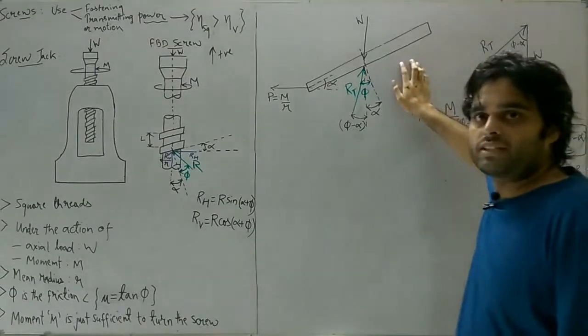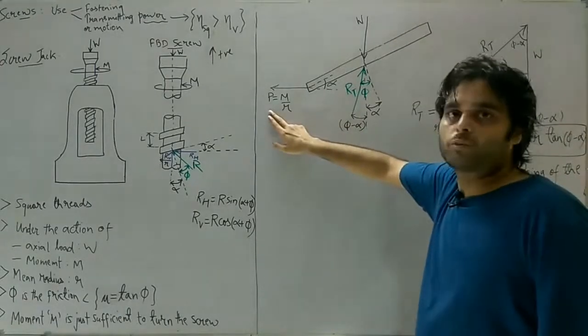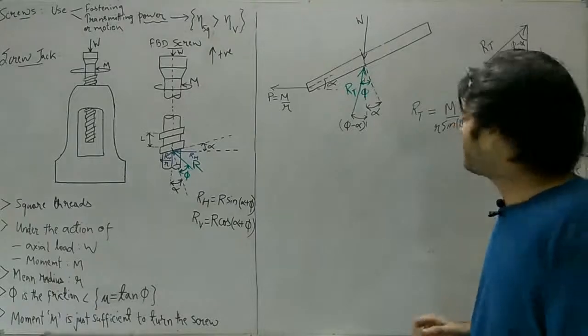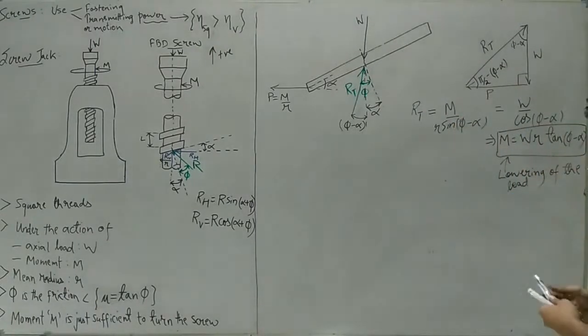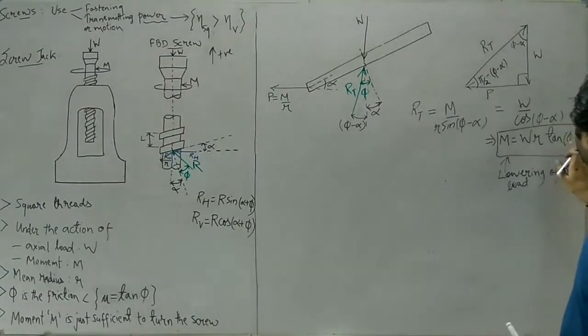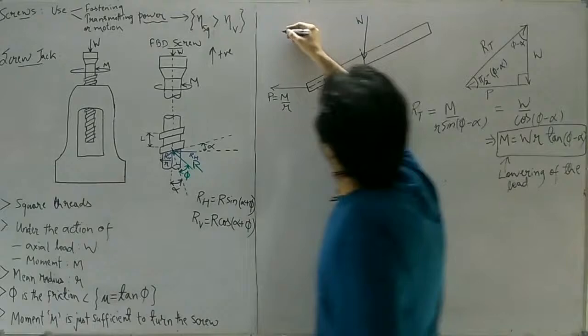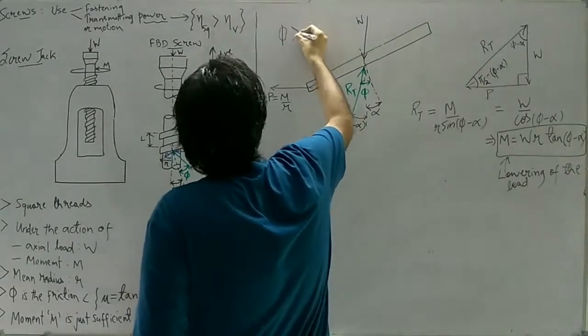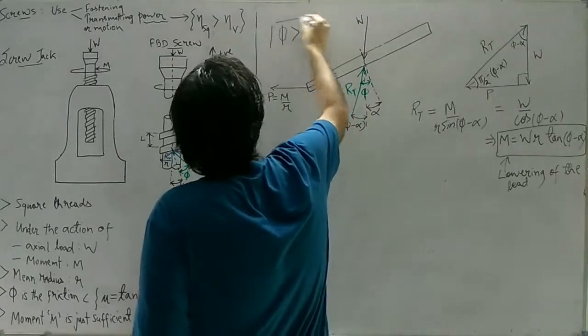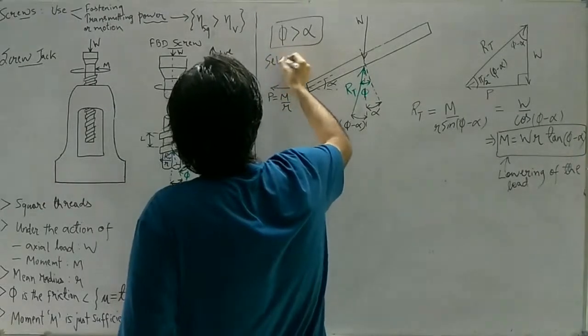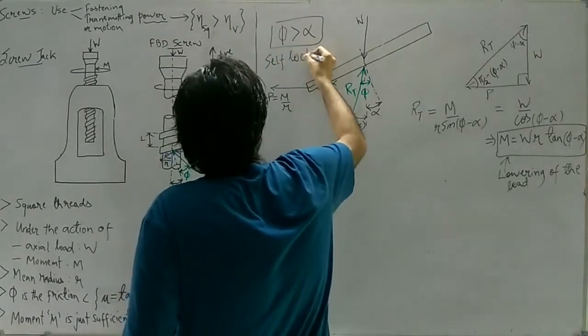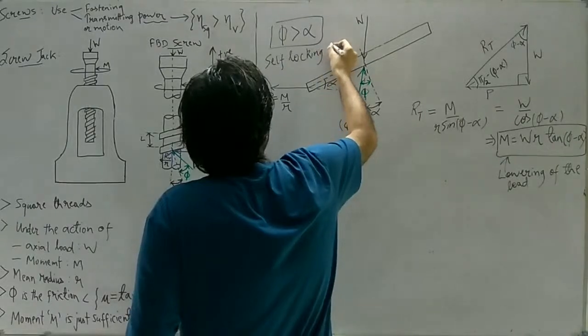So if this screw is self-locking, then we have to apply a force P to lower this load. Okay, and this is the relation. All right, so M is equal to W R tan phi minus alpha. So we had for raising of load phi plus alpha. Okay, so this is for the condition when phi is greater than alpha. Okay, this is for a self-locking screw.